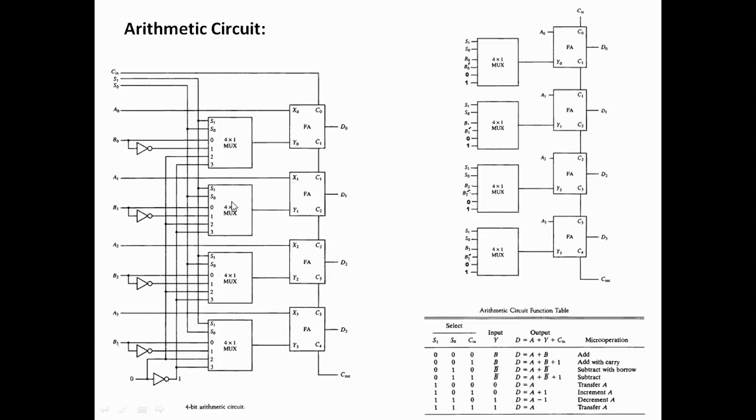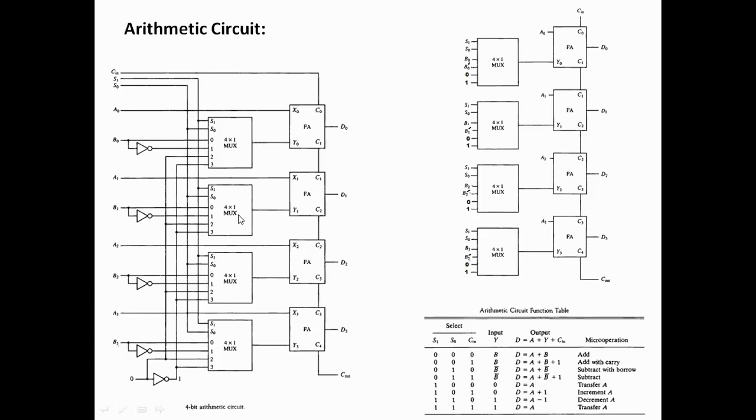And the same thing is repeated for each multiplexer. So the first will be B1, B1 dash, 0, 1, B2, B2 dash, 0, 1, B3, B3 dash, 0, 1, right?